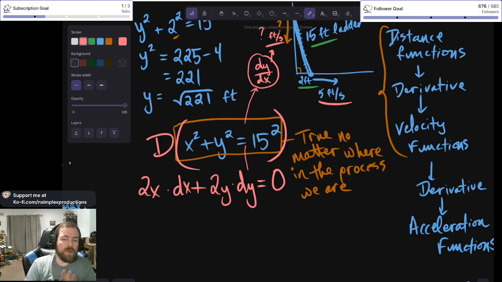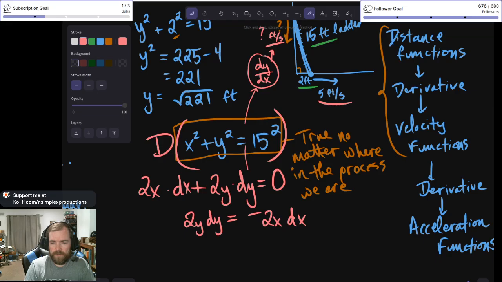So rearrange this stuff so that you get dy dx. We're going to have 2y dy is equal to negative 2x dx. So dy dx is going to be equal to negative 2x over 2y, which is negative x over y.